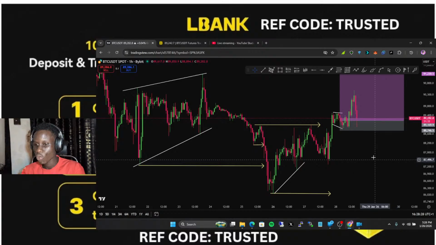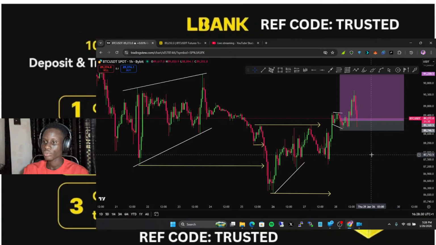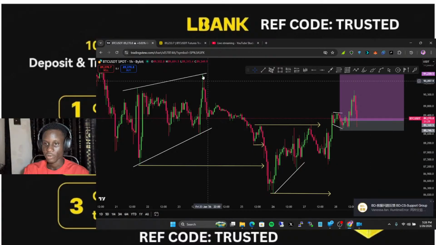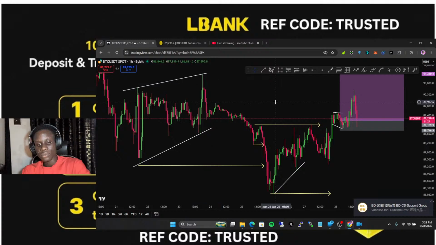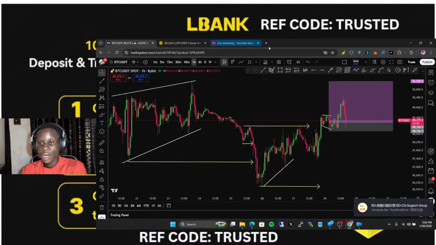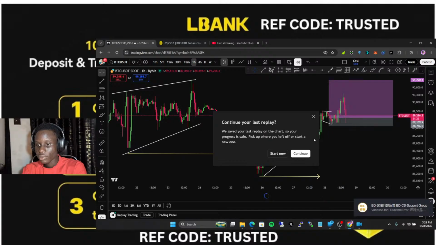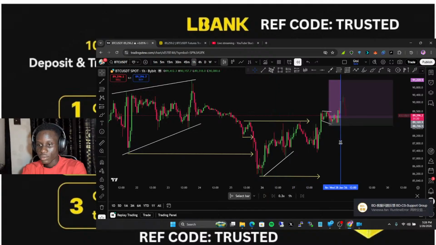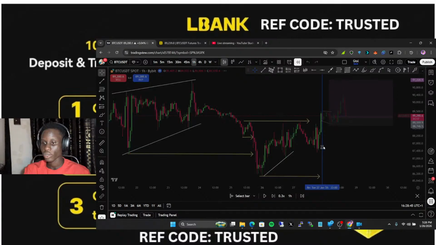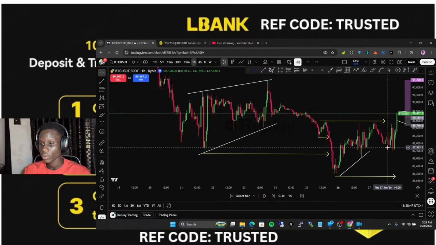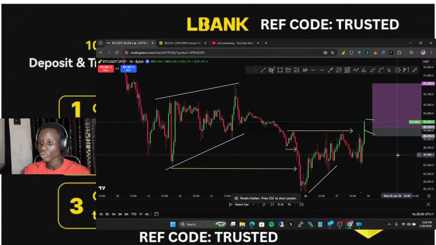So let's take that breakout entry model first while I take price back to this point. And I hope you all can see my chart very well.